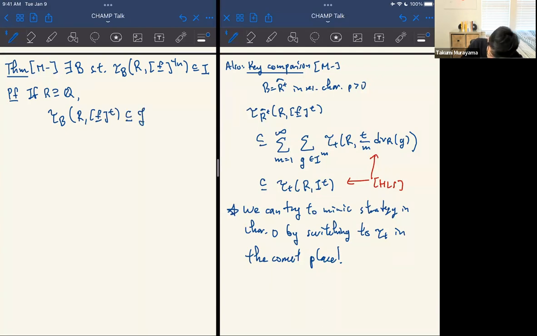Here F is the generating set for I to the Hn. Sorry, I did not make that clear. So the proof in equal characteristic 0 works.